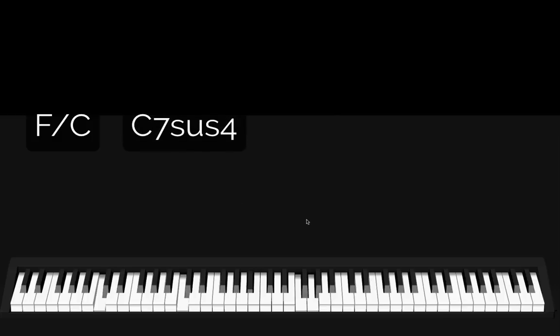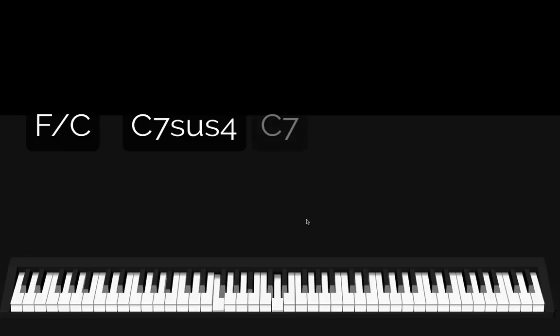And then we resolve a little bit of the tension and move to another dominant function, which is a C7 sus4 chord. So we resolve the sixth that we had in the chord before down to the fifth of C major, but we add the seventh. So we get a regular C7 sus4 chord, which is a pretty common chord for the dominant function.